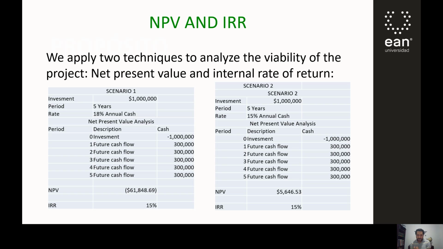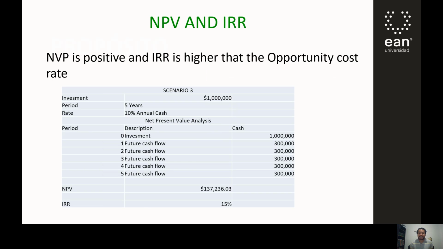In the other scenario, when we reduce the rate on this investment, we can see that the net present value is positive. However, the internal rate of return is equal to the rate of the investment, and for that reason, we have a third scenario.